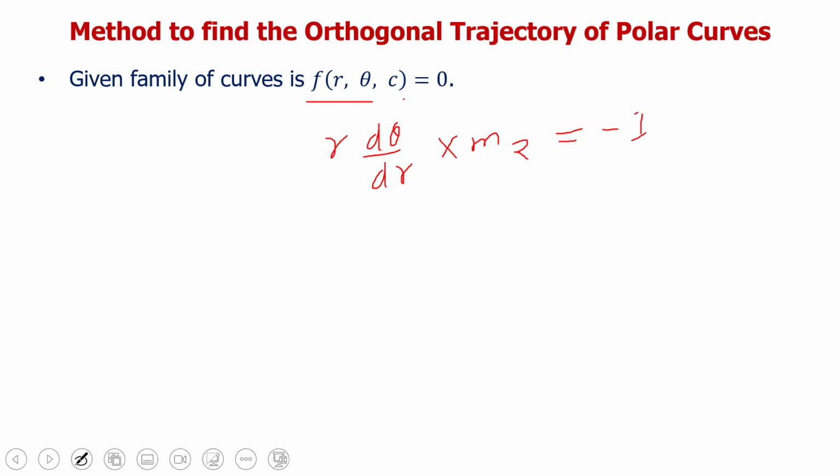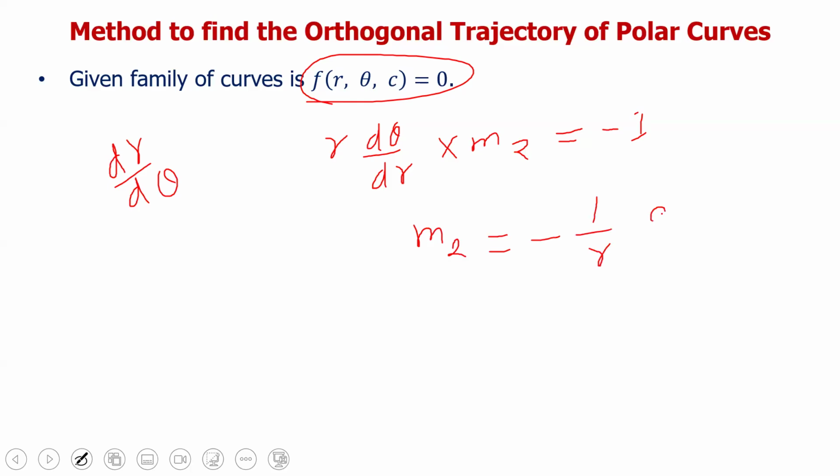But if we find the derivative of this equation, we get the derivative in terms of dr/dtheta. So what is the equivalent value of dr/dtheta? What is the value of m2? m2 is nothing but minus 1 upon r dr/dtheta.